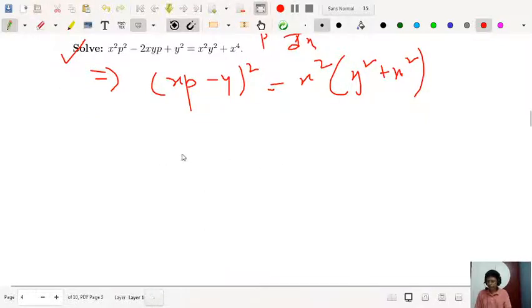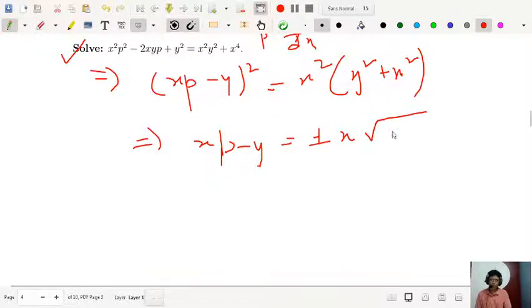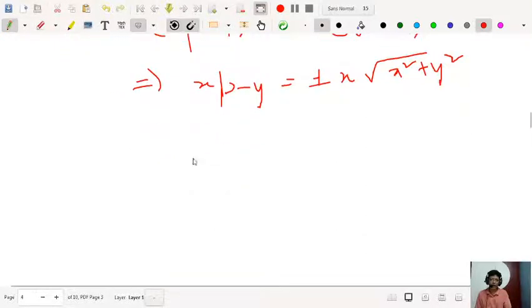So you can write xp minus y equal to plus minus x into root over x square plus y square. And from here you can write p as y plus minus x.